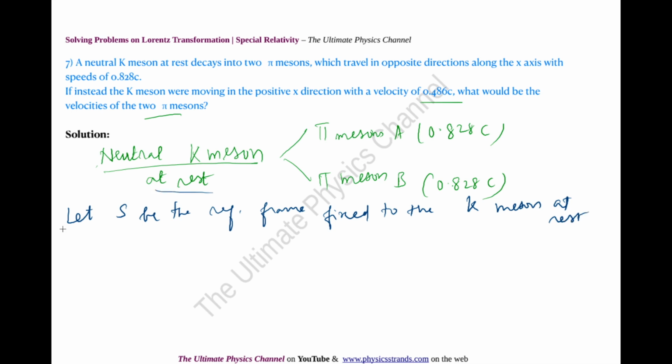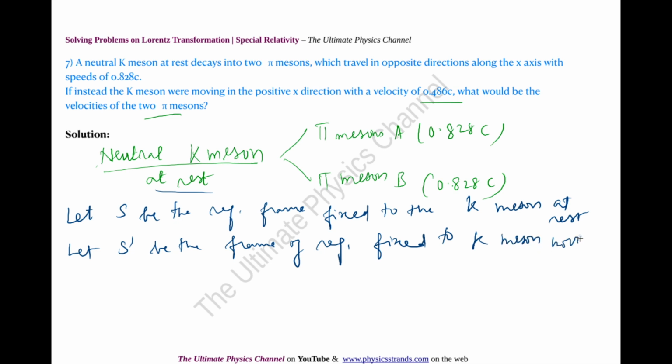So now I can fix the moving frame of reference S prime. So I can say that S prime be the frame of reference fixed to K meson again, moving at that velocity, which is given as, I think, 0.486 c.